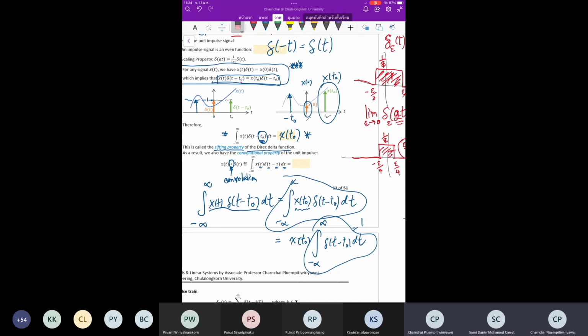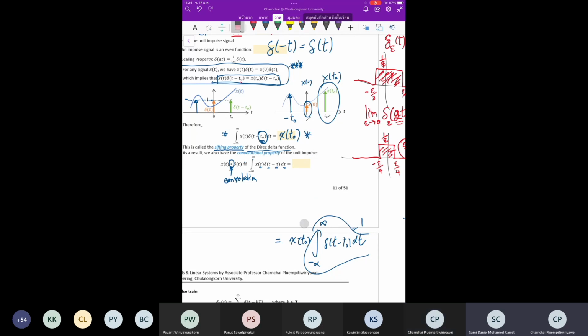But we can change the notation a little bit.